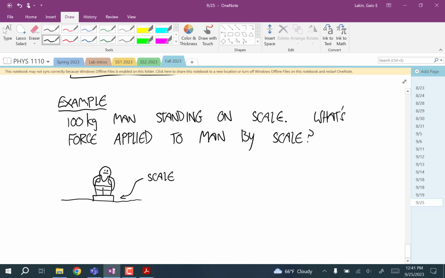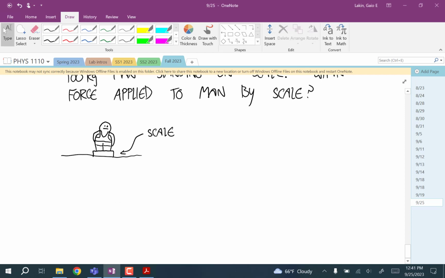Well, now what's the net force? Now there are only two things acting. I said that the only forces in this class are going to be the weight force and then forces from things that are touching the object. Well, now the scale is touching the man, right? So F net is just equal to the weight force, the force of gravity, plus the force of the scale.